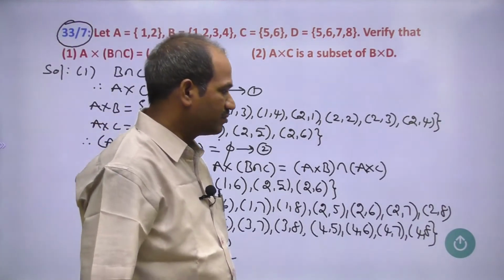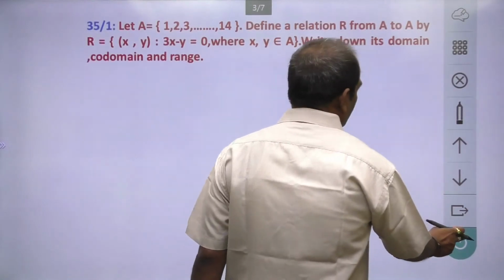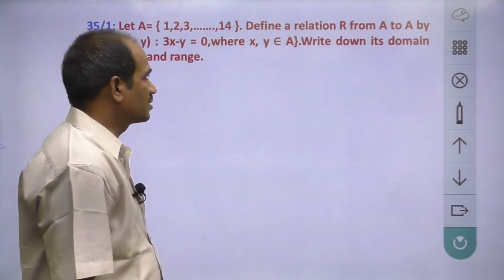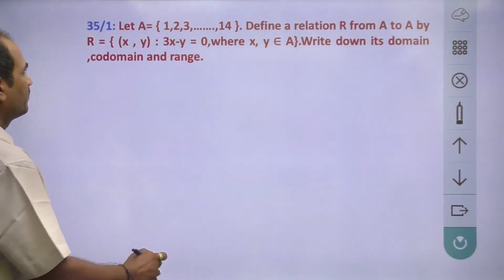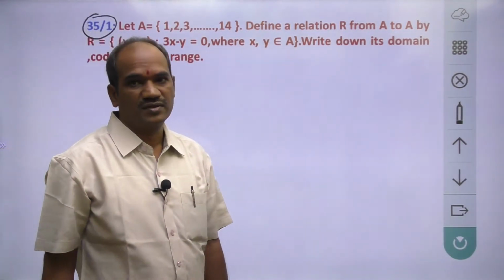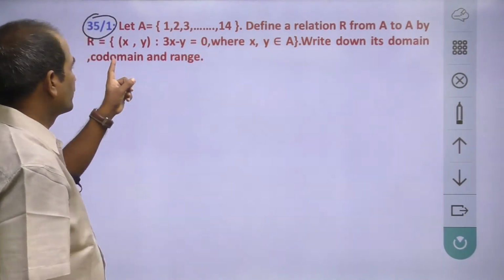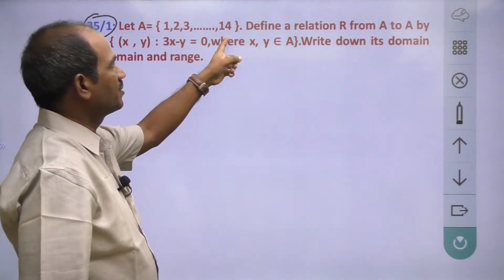Alright, next problem. On page number 35, in this model one question is coming, a 3 marks question, important in this model also. Let A be equal to 1, 2, 3, 4 and so on up to 14.